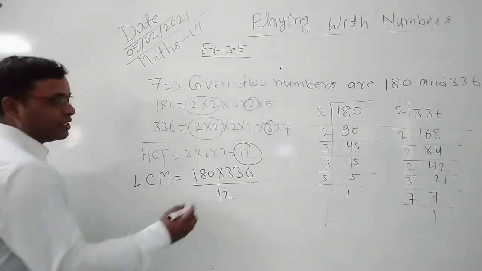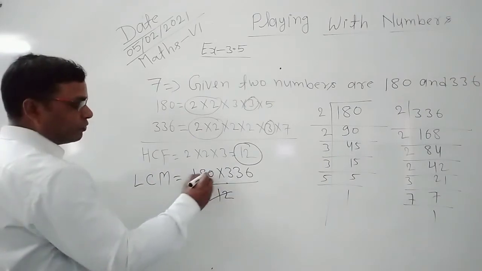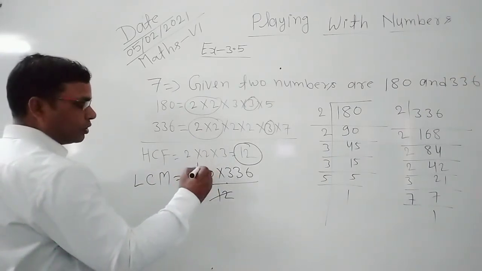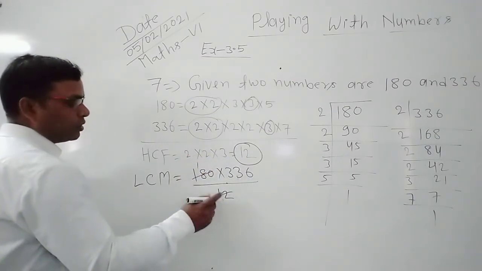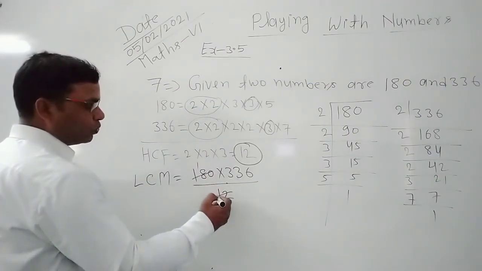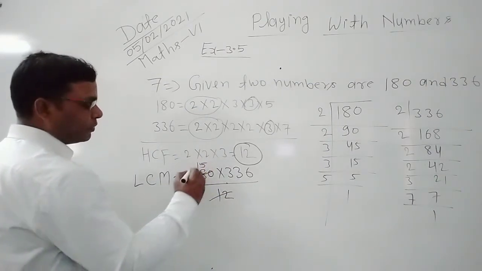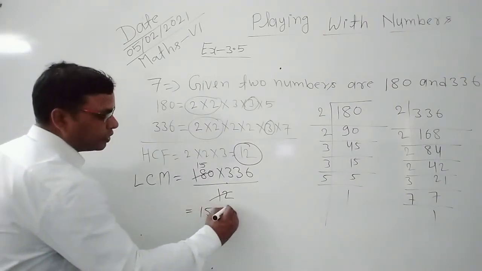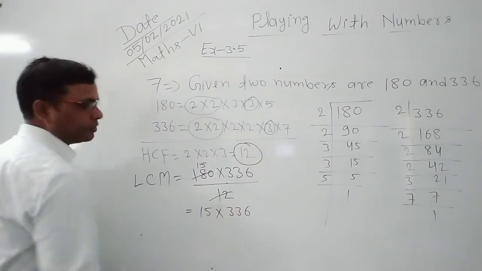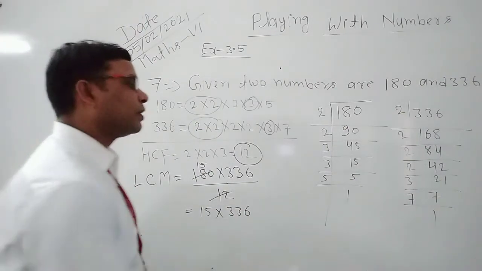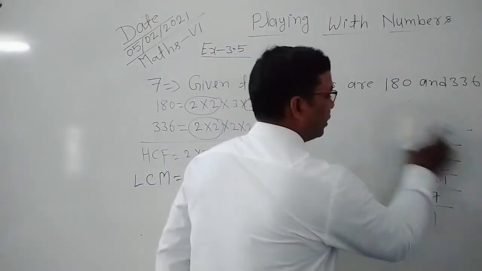So you can cancel them. 12 1s are 12, and 180 divided by 12 gives 15. So this is equal to 15 into 336. If you multiply them, then you get the LCM.